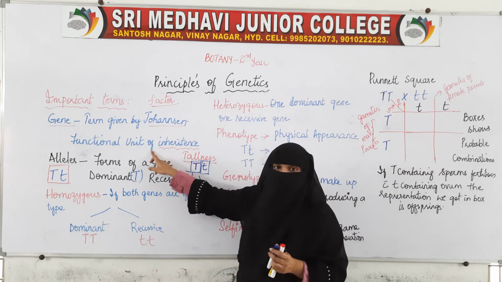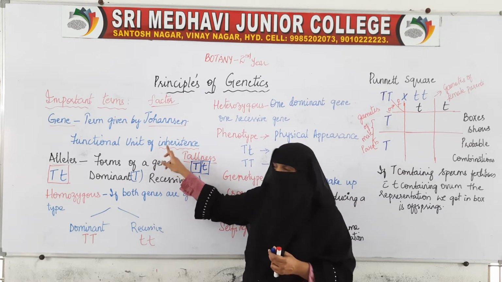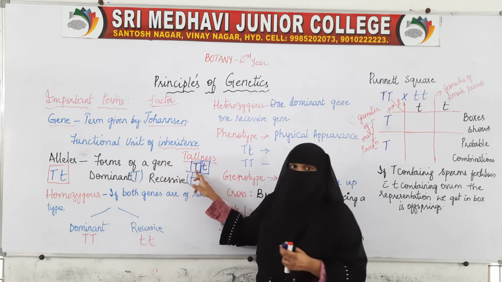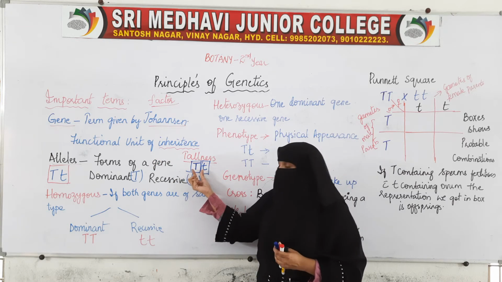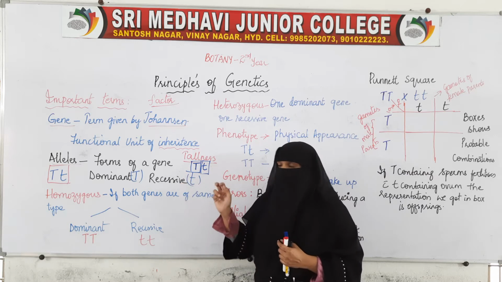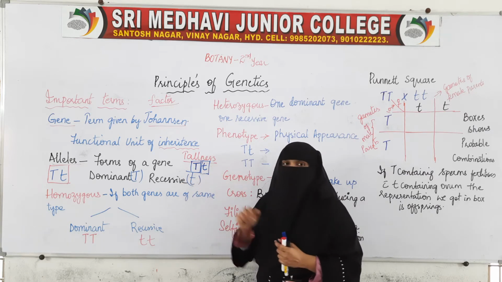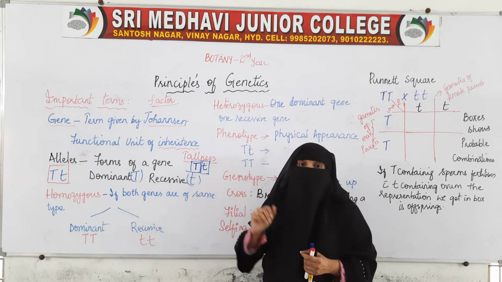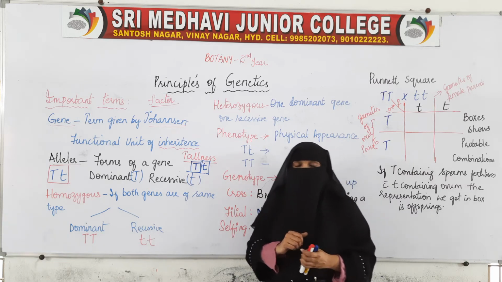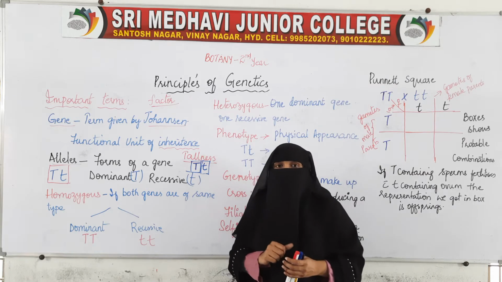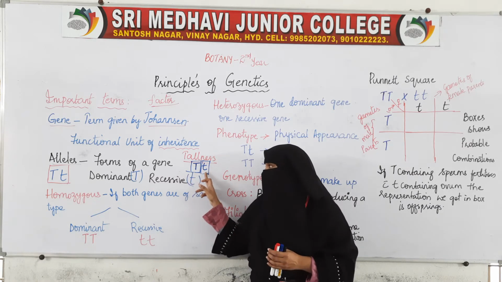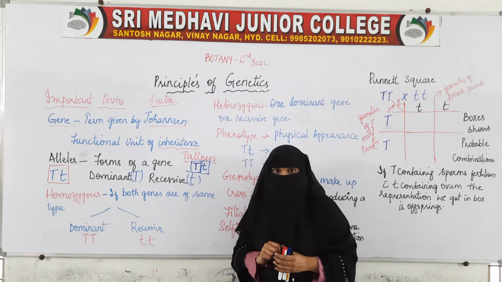This gene is the functional unit of inheritance, and this gene is in 2 forms. That is the allele. The allele is nothing but the 2 forms of the gene. This is one form and this is another form. Both of them are responsible for the height of the plant. One is the dominant one and another is the recessive one.